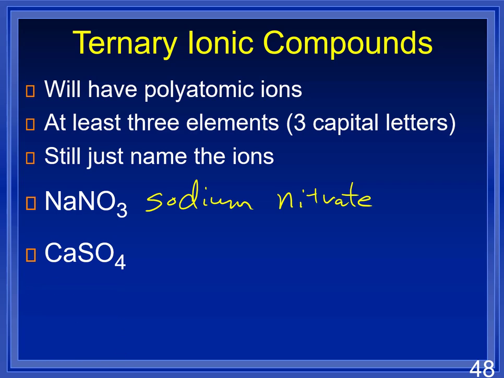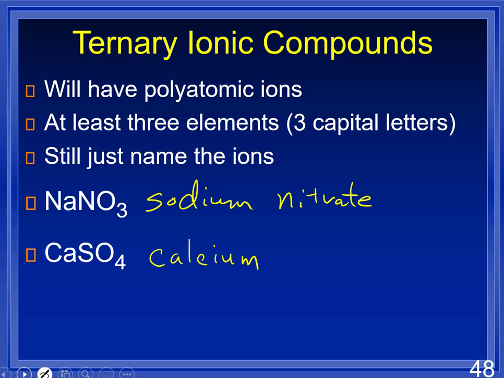CaSO4. Well, Ca, I look up, it's a metal, so this is ionic. Its name is calcium, so I write calcium. Does calcium need Roman numerals? Well, it's in group 2A, so it doesn't need Roman numerals.